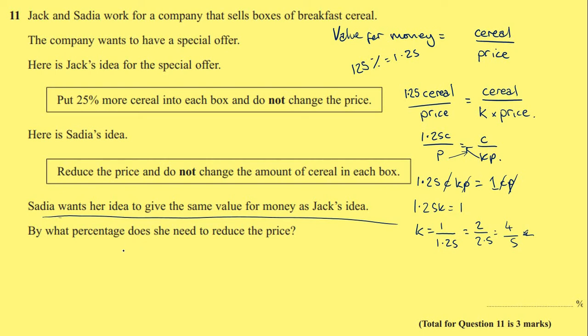So what Sadia is saying is, Sadia wants to sell the cereal for 4/5 of the price.